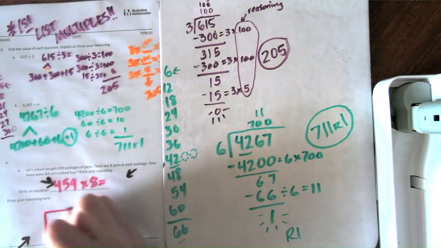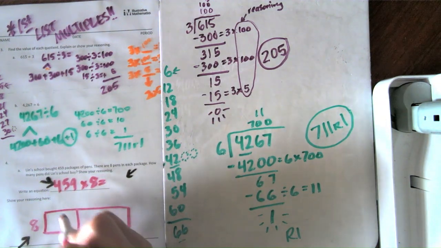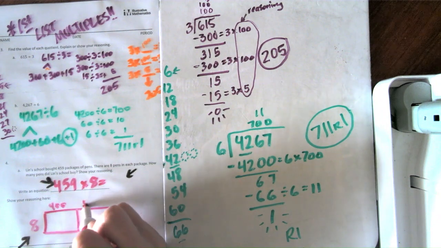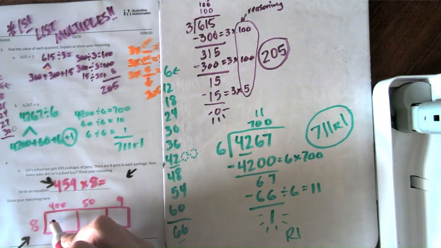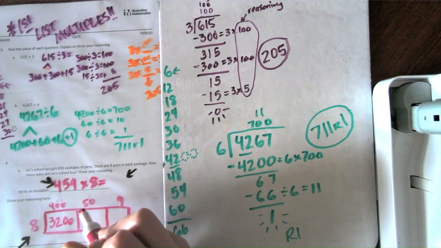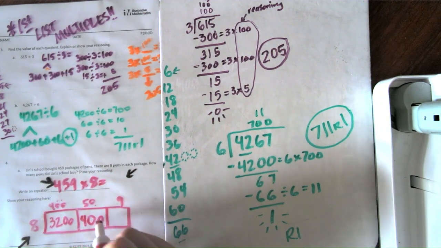And so I'm going to make my box again. And I'm going to do 8. And then I have 450 and 9. So 8 times 400 is 32. Well, 8 times 4 is 32. With 2 zeros is 3,200. 8 times 5 is 40 with a 0.